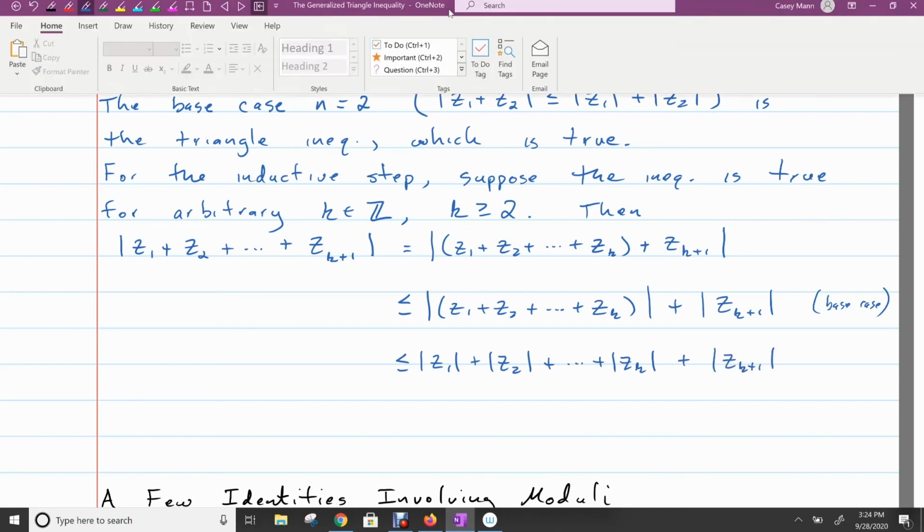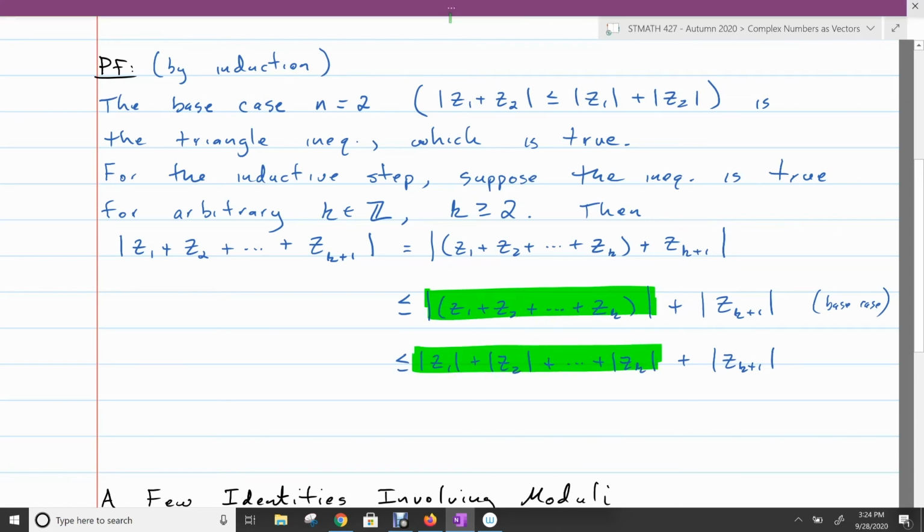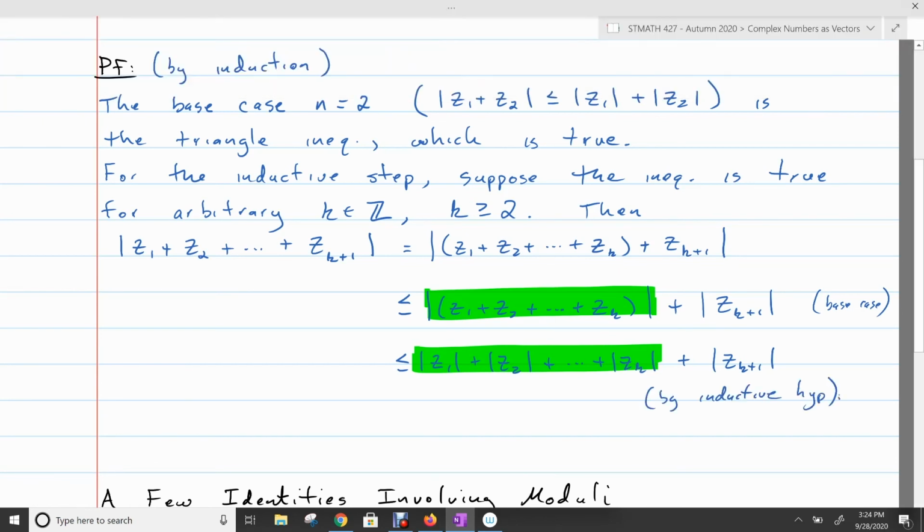So going from this bit is less than or equal to this bit is just the inductive hypothesis. And anyway, that's what we wanted to prove, right? So we just showed that if it's true for the kth case, then it has to be true for the k plus first case, which it is.